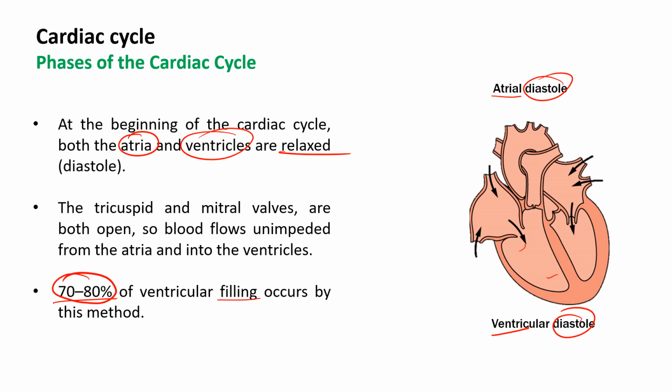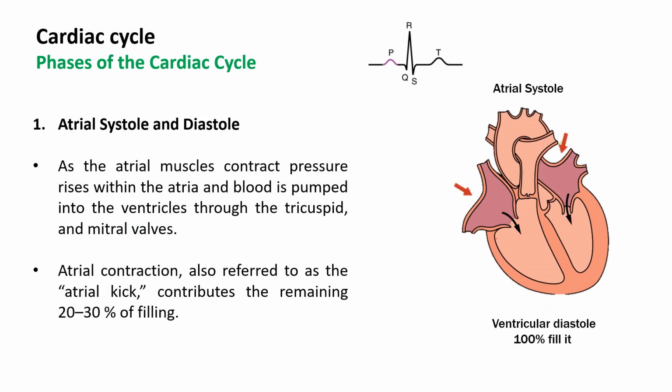Of course, the tricuspid valve and the mitral valve in this specific period of time need to be open, both of them, to allow that blood to go from the atrium to the ventricle, respectively. The blood reaches about 70%, right?